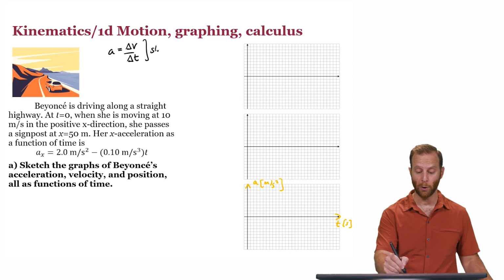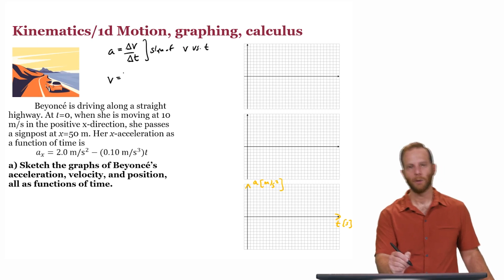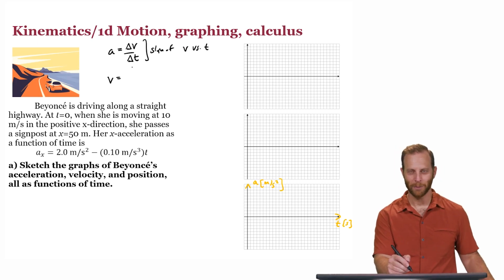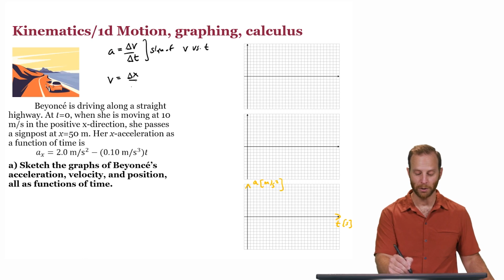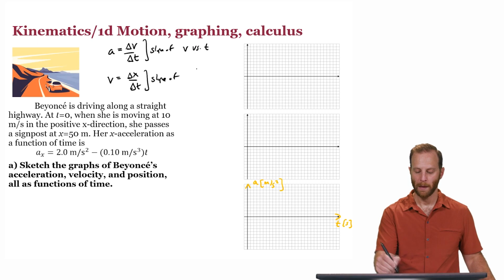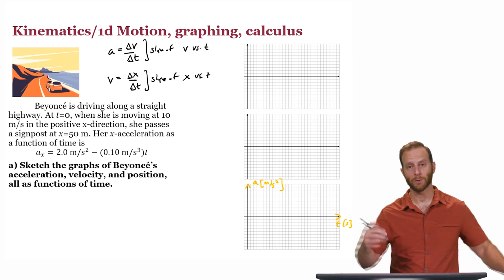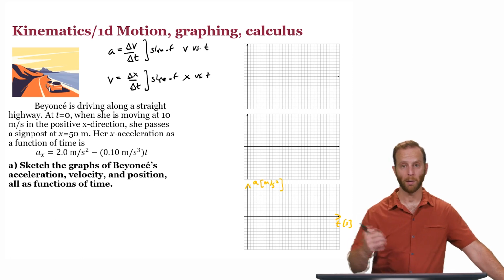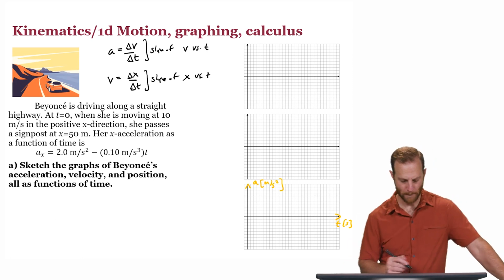In other words, it's the slope of the velocity versus time graph. Likewise, the velocity for short enough periods of time can be thought of as the change in position divided by the change in time. In other words, that is the slope of x versus t. And so we'll start with acceleration down below and work up to velocity and so on.